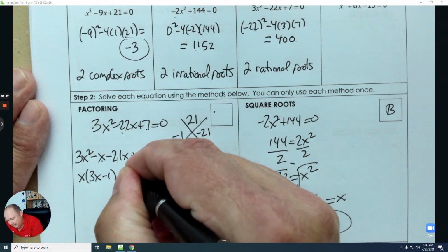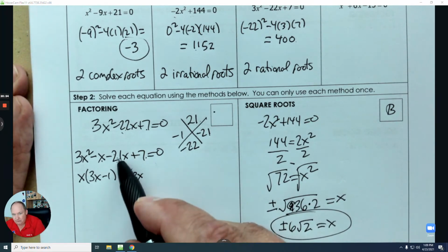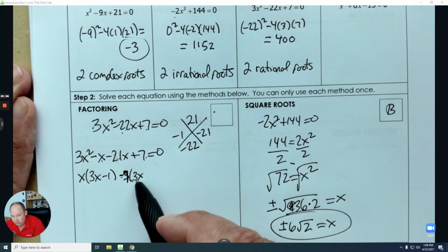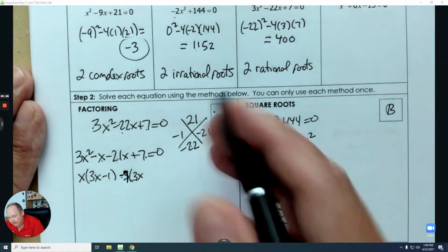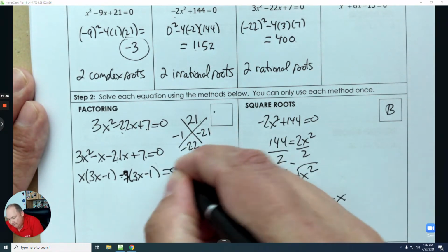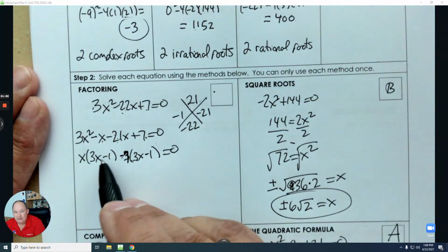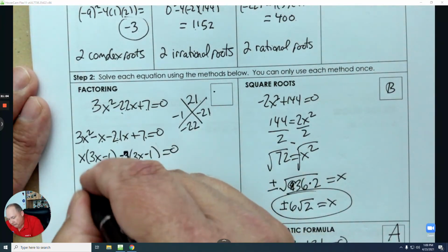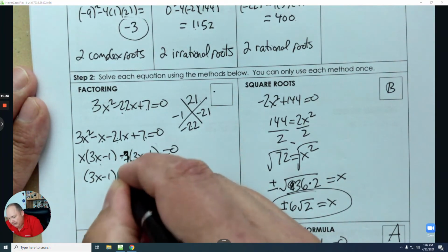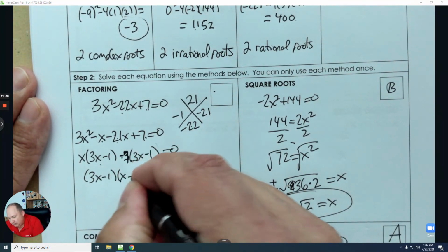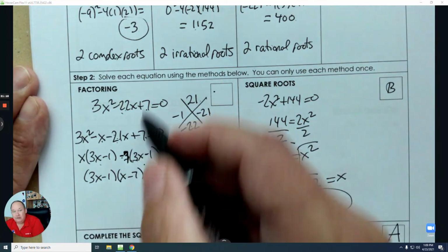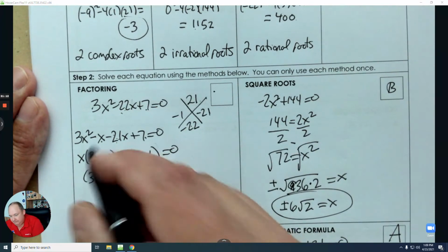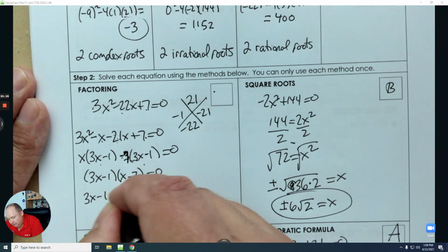So factor out a negative 7. Negative 21 divided by negative 7 is 3. 7 divided by negative 7 is negative 1. It's essential, again I use that word, that these match. So they have a common factor of 3x subtract 1, and what's left over is x subtract 7. You have now factored this. Set each factor equal to 0 and solve.